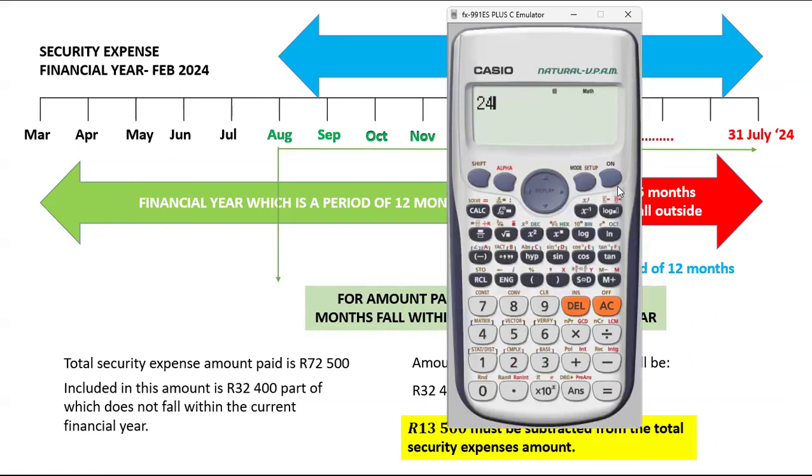It's 32,400 multiplied by 5 divided by 12. It gives me 13,500.